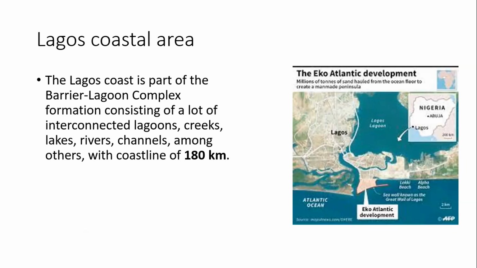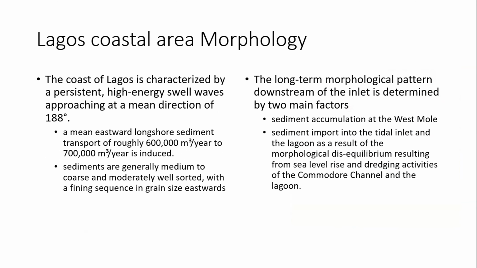The Lagos coast is part of the Barrier Lagoon complex, and it has a coastline of 180 kilometers. The morphology of the place has shown that it has high energy swell waves, with a mean eastward longshore sediment transport of roughly 600,000 cubic meters per year, between 600 and 700,000 cubic meters per year. That is the sediment rate.